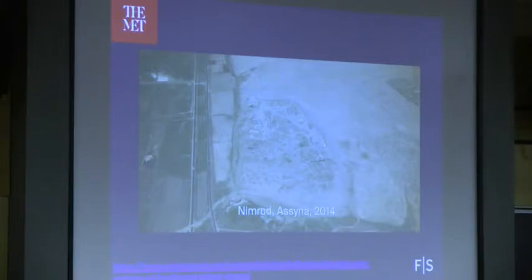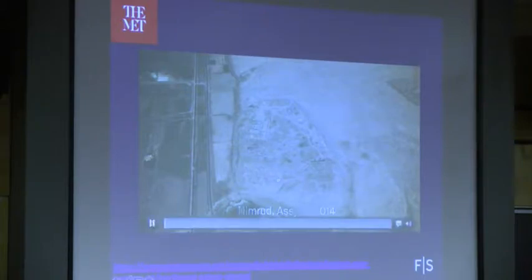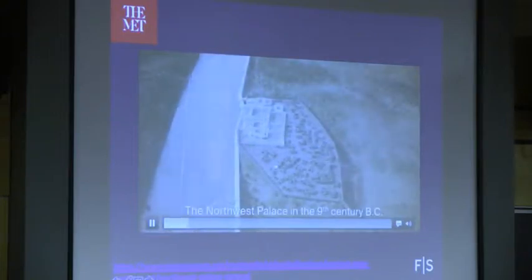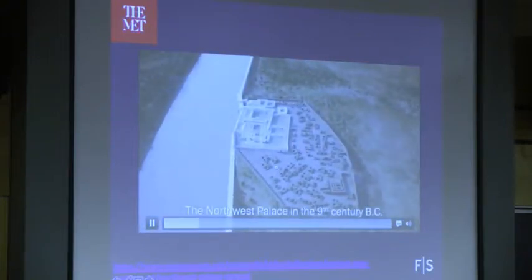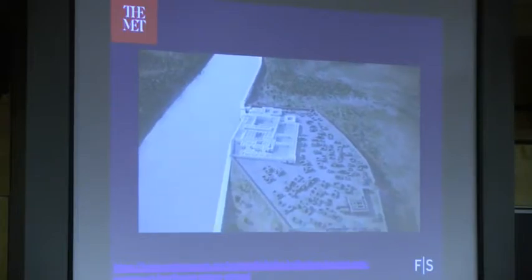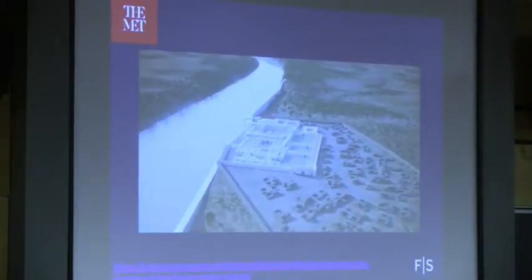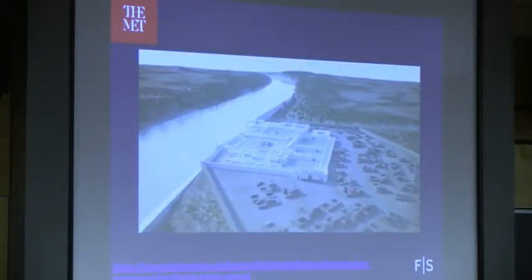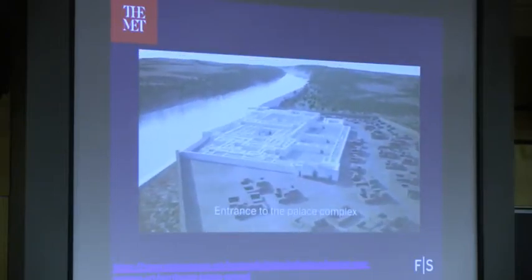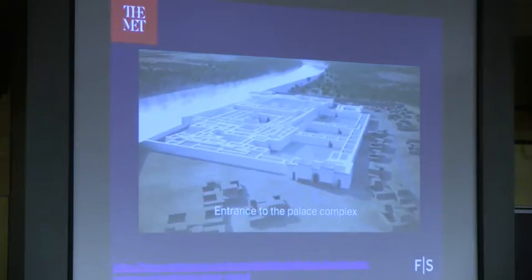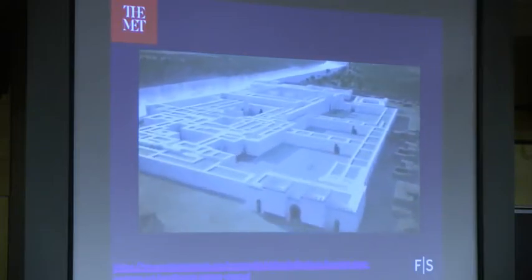So in this site, and I know it's hard to see these pictures of damage and not have an idea of where they come from. So in this site, there is the northwest castle, and this model on the Met's website gives an idea of the scale of these things.